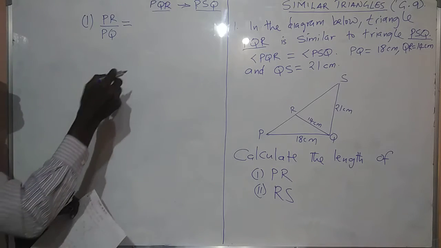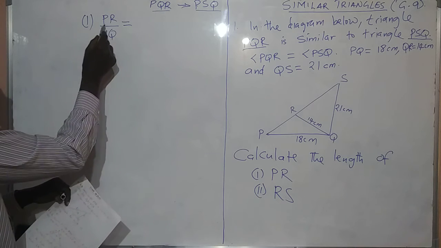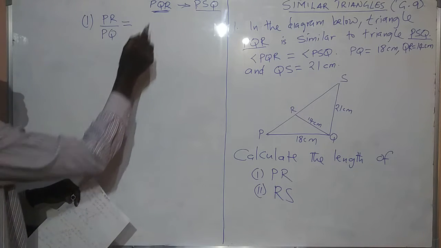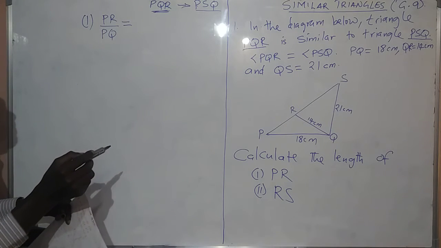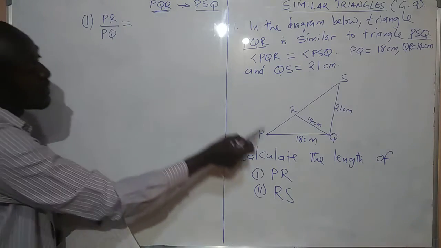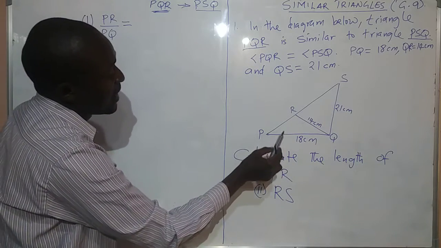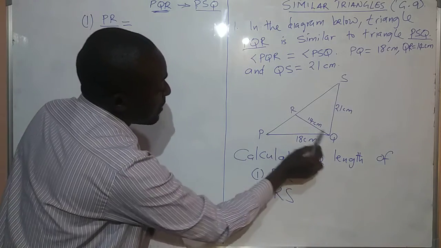Now we can look at what we have on the diagram from this side and that side. In the triangle PQR, we are given PQ, and we are also given QR.